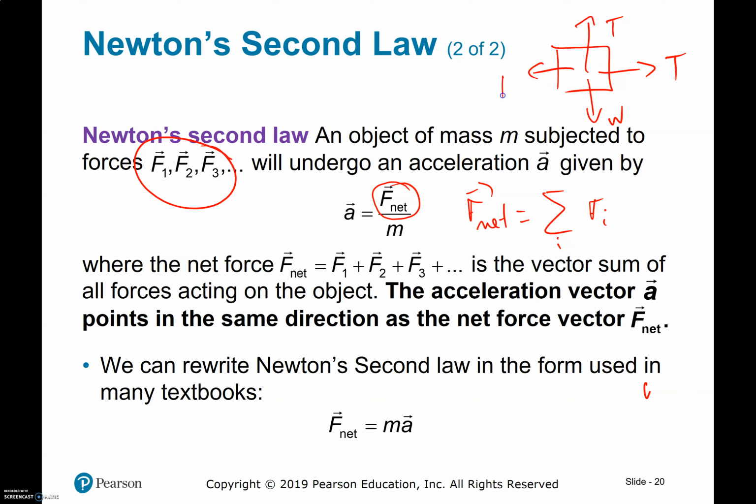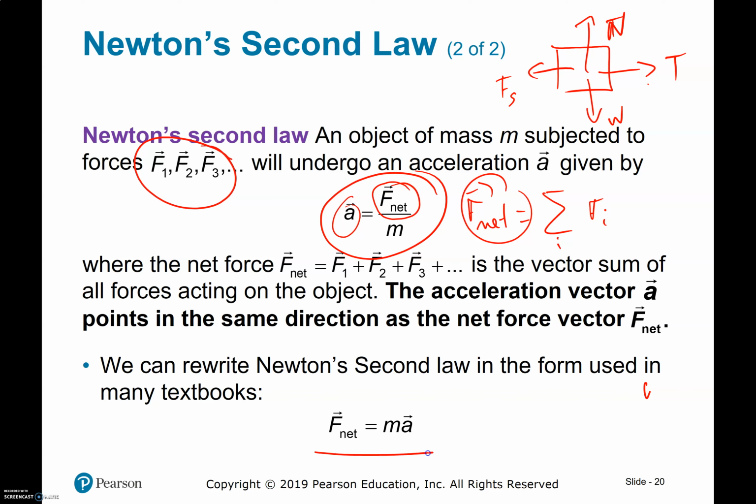So you have four forces here. What is the net force? Well, the net force is the addition of all these forces. That is the term that appears in Newton's second law, and the acceleration is going to have the direction of that net force.